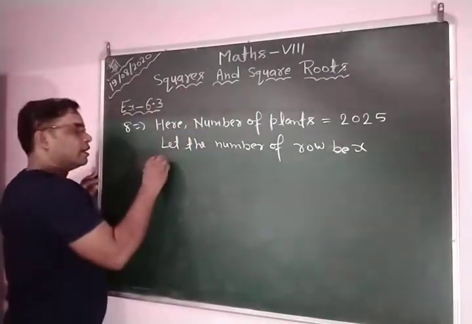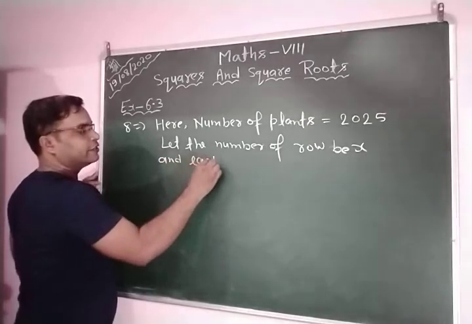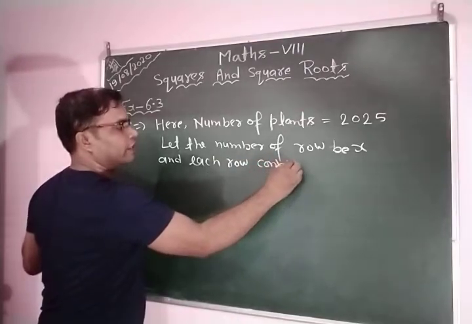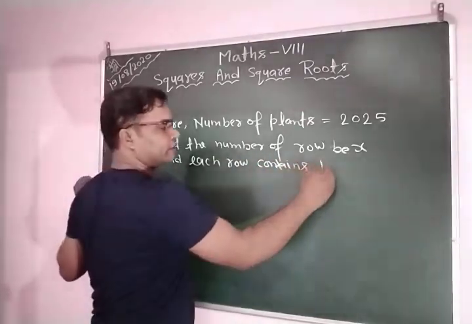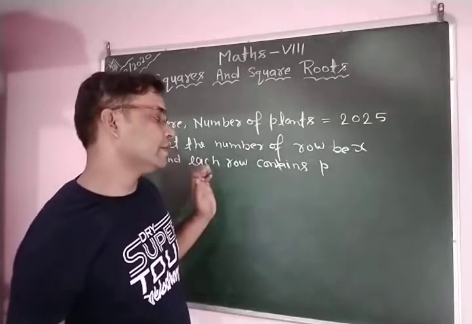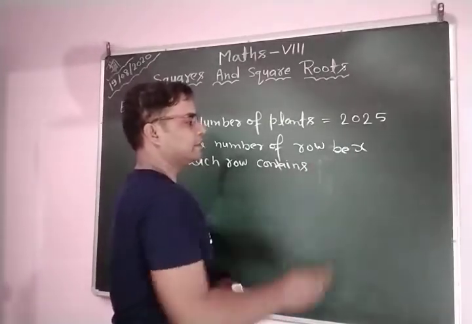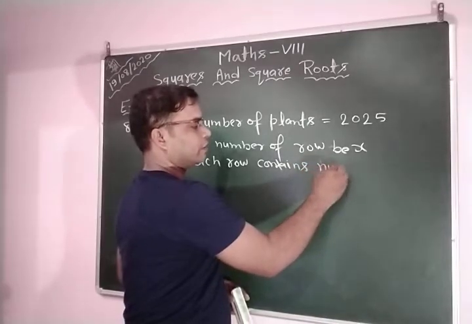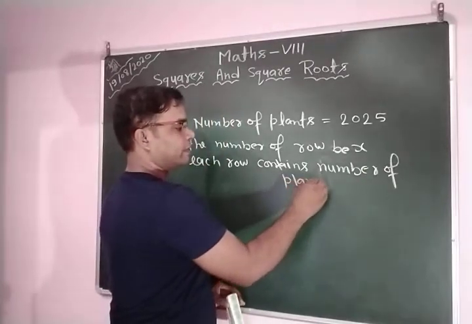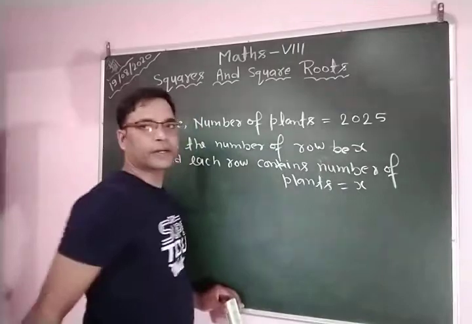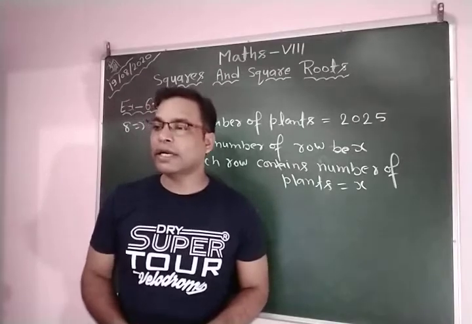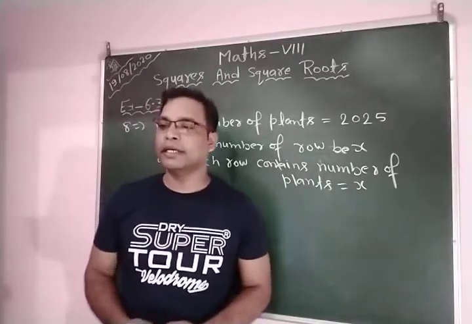Each row contains a number of plants. The number of plants is equal to x, because the question says that each row contains as many plants as the number of rows.